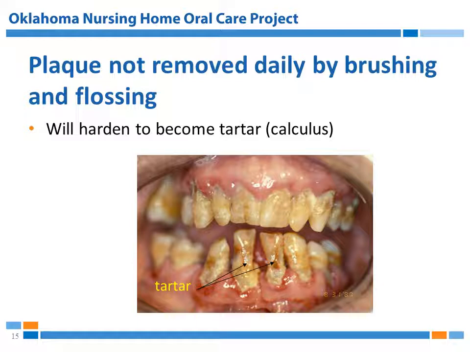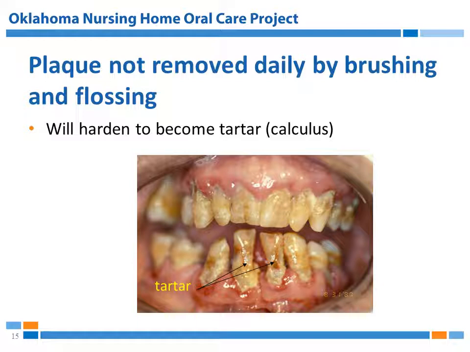Once soft plaque hardens and calcifies, it no longer can be removed with brushing. A dental professional will need to remove the tartar. You can see how red and swollen the gum margins are. This tartar that forms under the gum line is similar to having a splinter left under the skin. The skin will become irritated, red and swollen, sore, and if left long enough, will excrete pus.